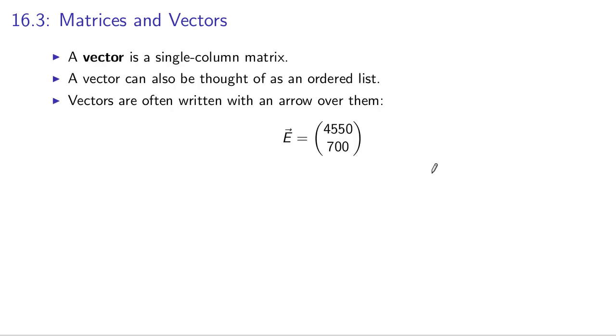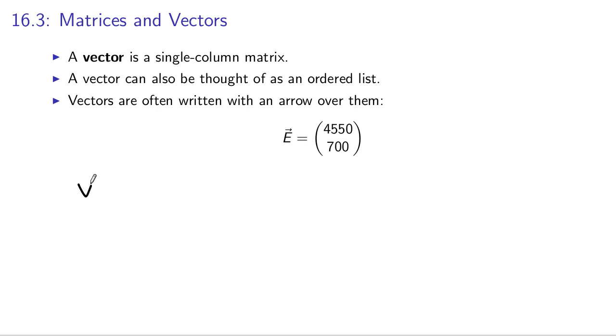vectors. A vector can be thought of as a single column matrix. You can also think of a vector as an ordered list, but it's most convenient to think of it as a single column matrix. Vectors are often written with an arrow over the vector.